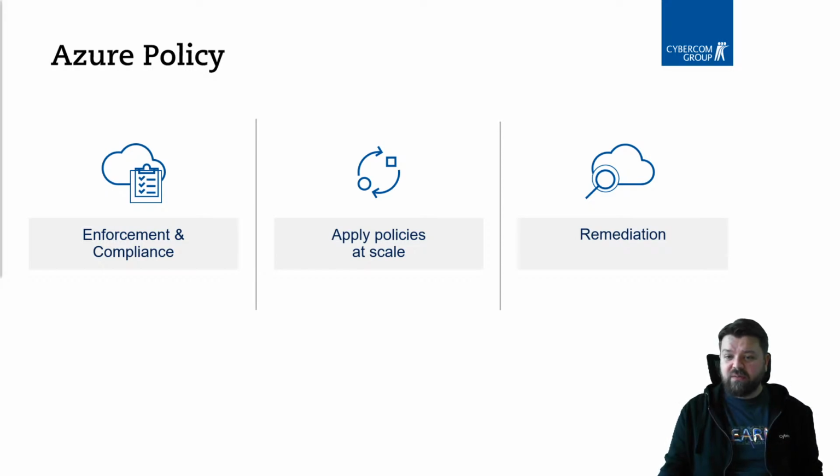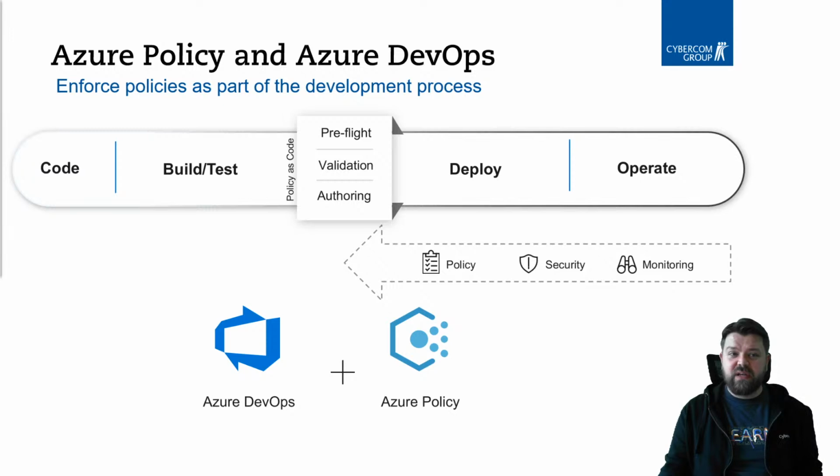And a really cool thing about these is Azure Policy works with Azure DevOps. So if Azure DevOps is your chosen tool for CI/CD pipeline, it's built in there. Your pipelines and builds will check with Azure Policy if they're compliant.